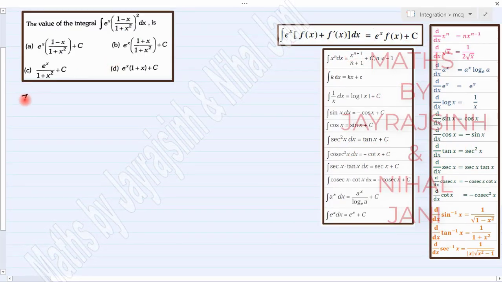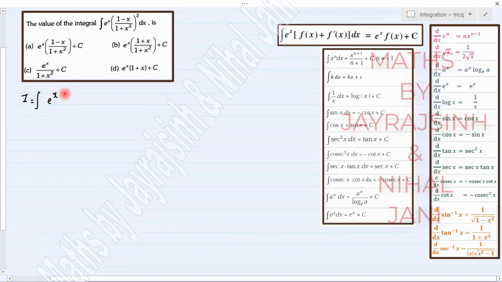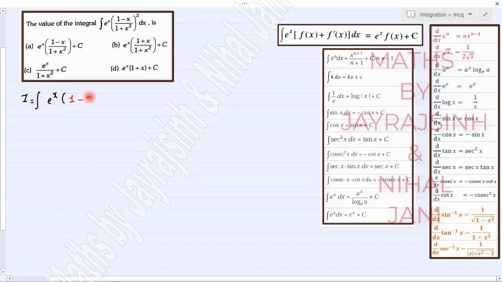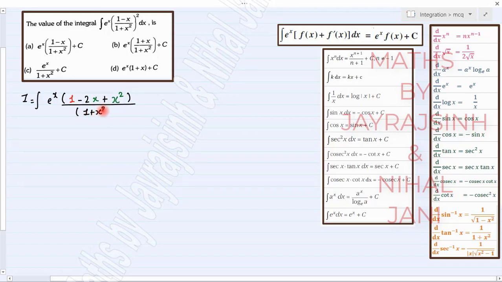Here we have to integrate e raised to x into ((1 minus x) upon (1 plus x square)) the whole square. Or we can say, let's expand the numerator. So we will get 1 minus 2x plus x square. And in the denominator, we will have (1 plus x square) the whole square.